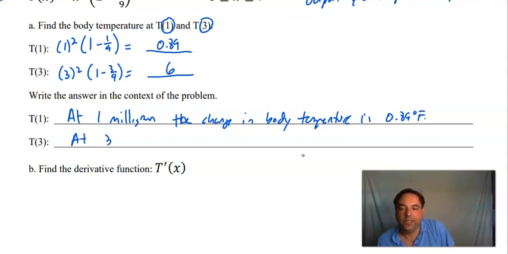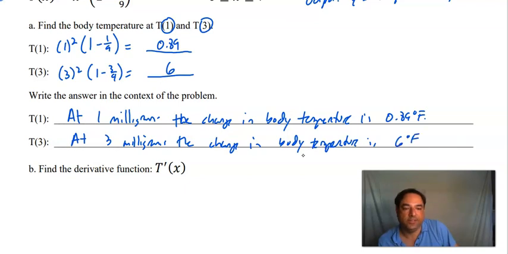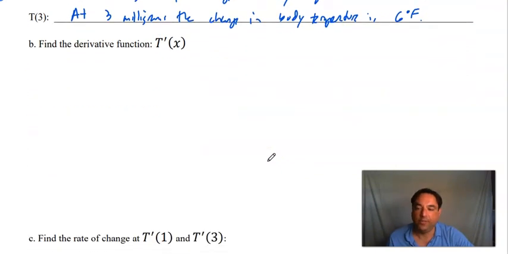At 3 milligrams, the change in body temperature is 6 degrees Fahrenheit. Okay, so that tells me at this 1 milligram, at this 3 milligrams, what's the body temperature? And we have that. Now we're going to look for the derivative.